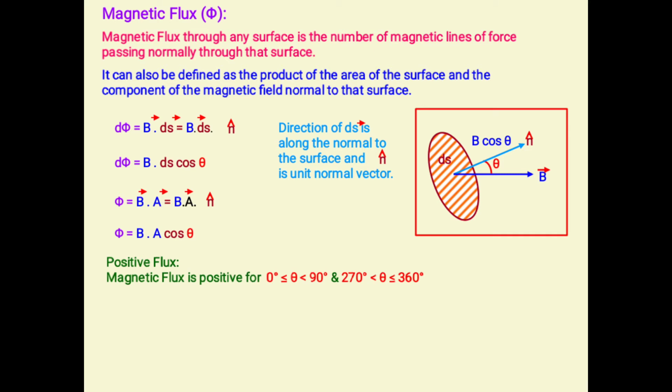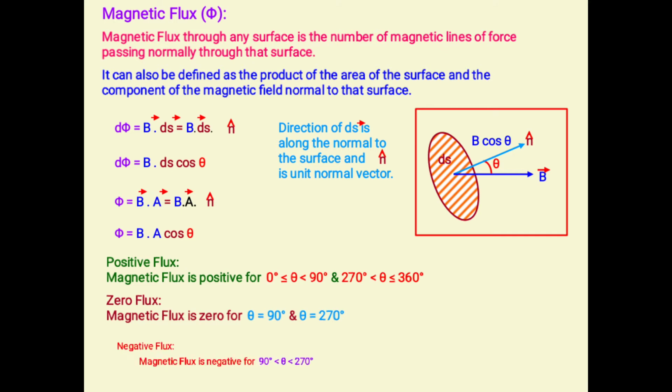There must be some negative flux also, and definitely when cos theta is negative, the flux will be negative. And the zero flux is there if theta is 90 degree or 270 degree, then cos theta will be 0, therefore the flux will also be 0. Hence the negative flux is there when cos theta is negative, that is, theta is between 90 and 270.